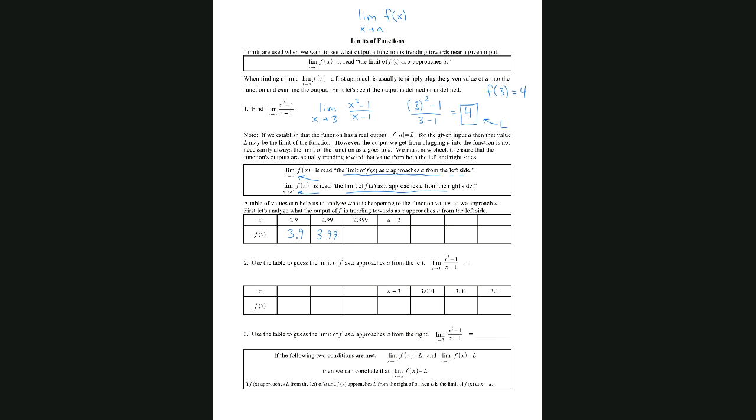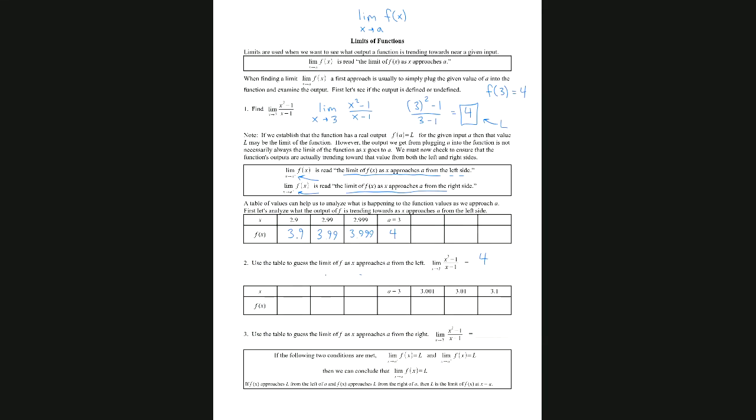And if we go one step farther, we get 3.999. So we want to use the table to guess the limit of f of x as x approaches a from the left. I believe that all evidence points to it heading toward 4. And in fact, we know that the value of f of x at 3 is also 4.